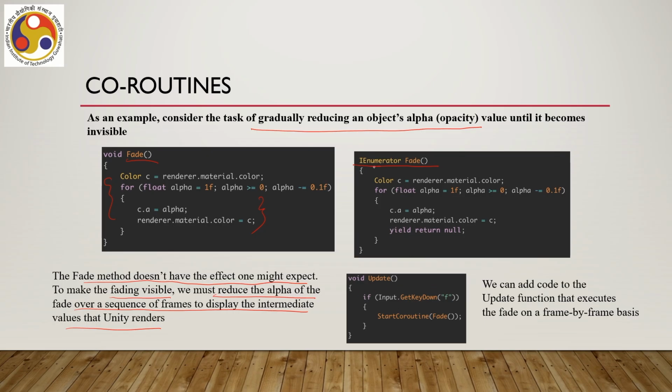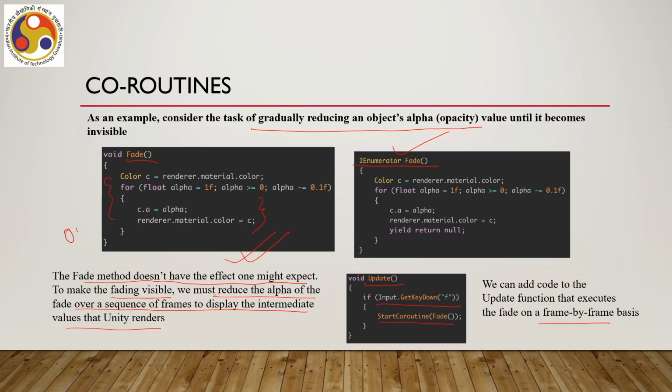Now, in order to do that, we first need to define the function in this way, then we can have this Update function with this StartCoroutine call, so that the fading is done on a frame by frame basis. You can see the difference, how we modified the original implementation of the Fade function shown here.